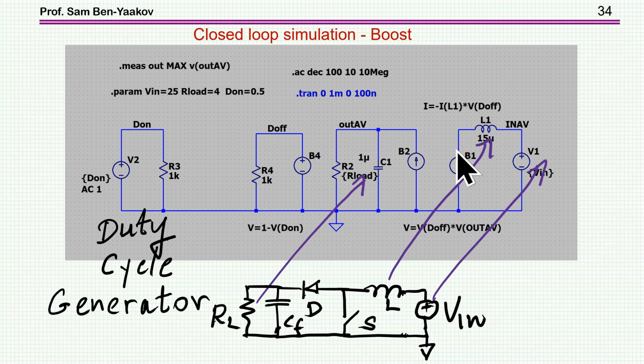This will be the average voltage on the inductor, the boost converter. Here it is. The voltage here will be the output voltage times D off. And then I have the output section. And then this will be the current source of the output section, which is the inductor current times D off as before. And then we have the duty cycle, and then D off is 1 minus D on. Again, this is for CCM.